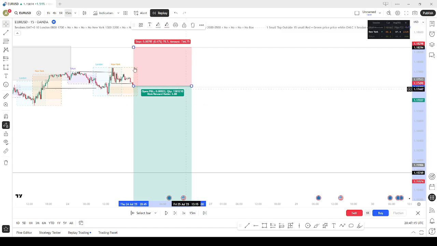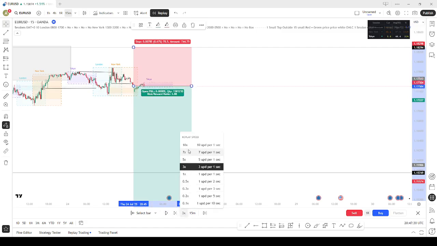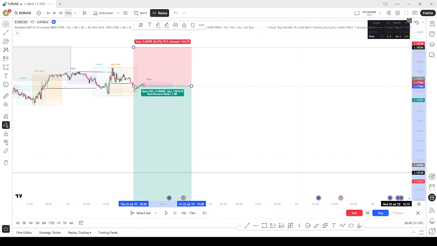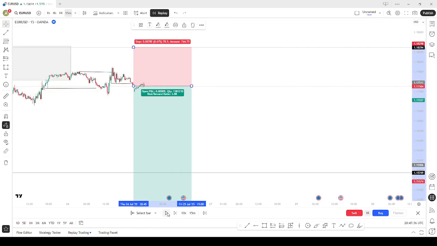So in most cases when you have a scenario like this, you always have to leave your stop loss at the maximum. Then you wait to see how price moves, just so as not to be evicted and be on the wrong side of the market. Now let me remove these indicators and increase the speed.